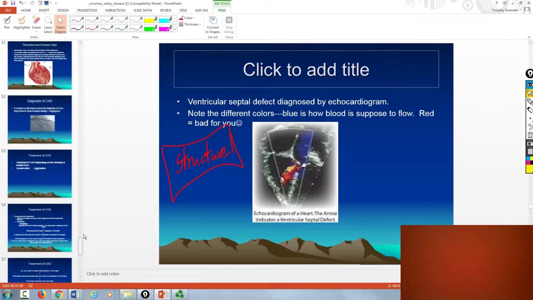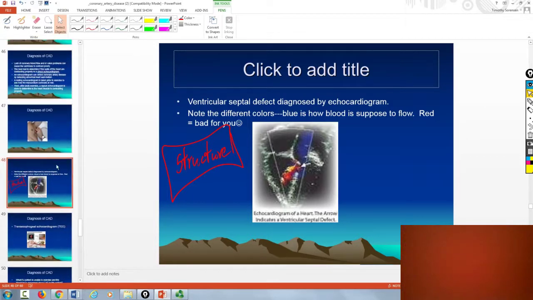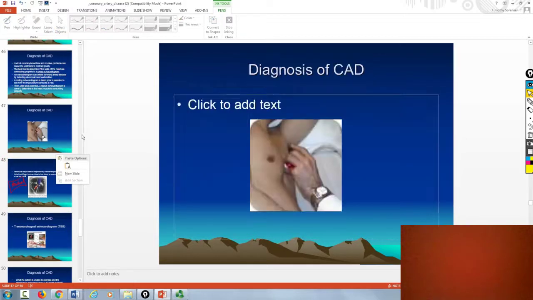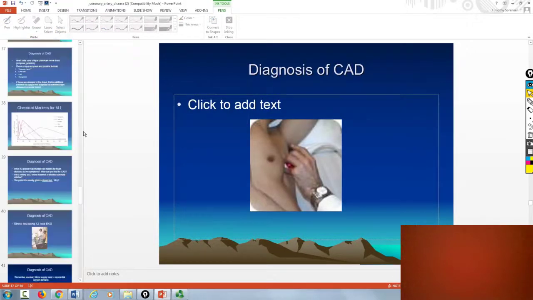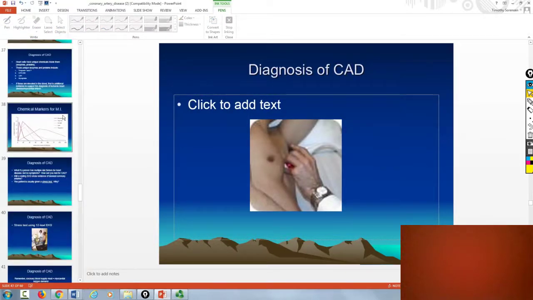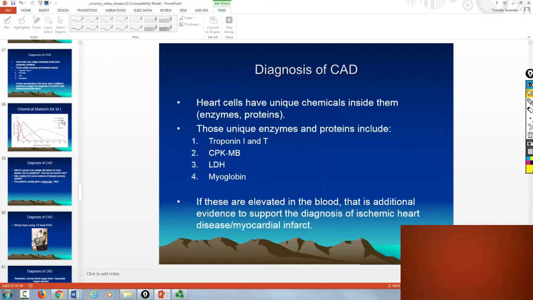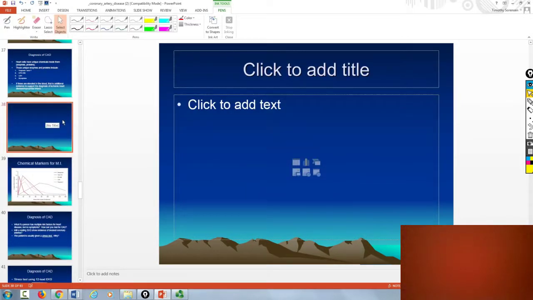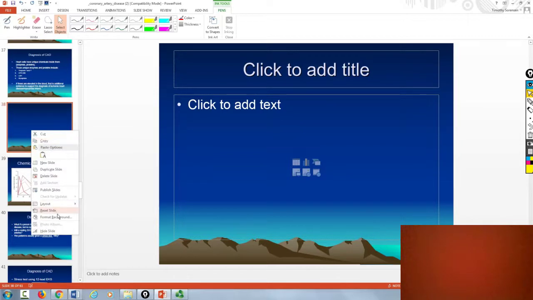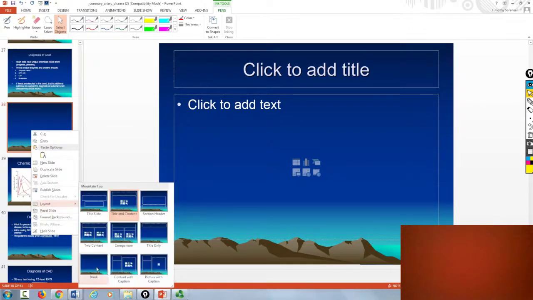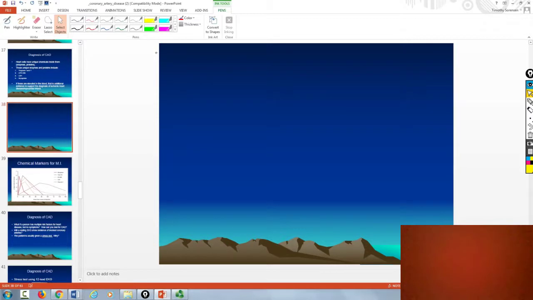Now, look, if somebody comes into the emergency room complaining of chest pain, if you recall, and I tried to explain this to you, different cells do different things, right? So they're going to have different proteins inside them.